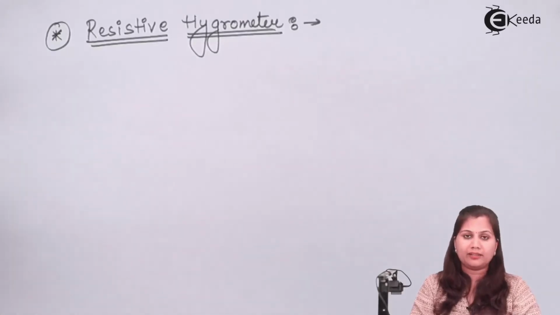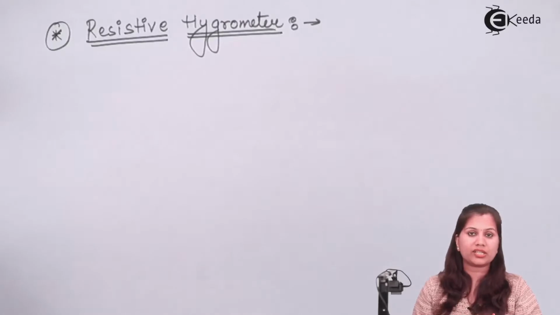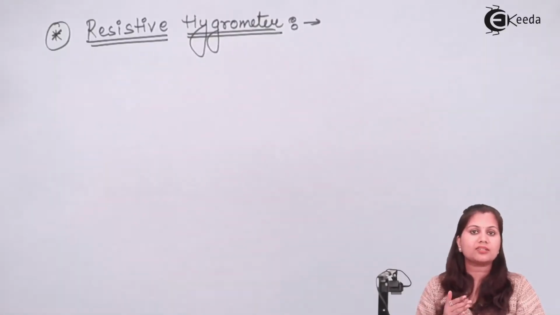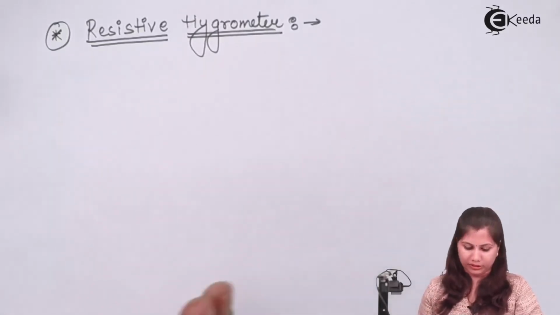There are some materials whose resistance changes with the change in the humidity. Such materials are used in the resistive hygrometer. The main part of the resistive hygrometer is the material whose resistance is going to change with the change in the humidity or the relative humidity.